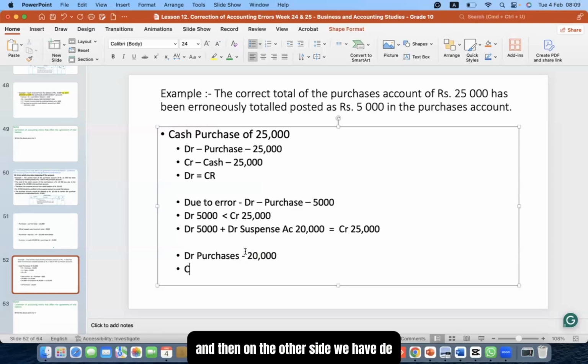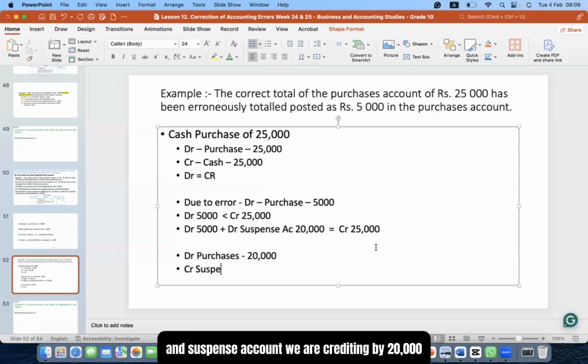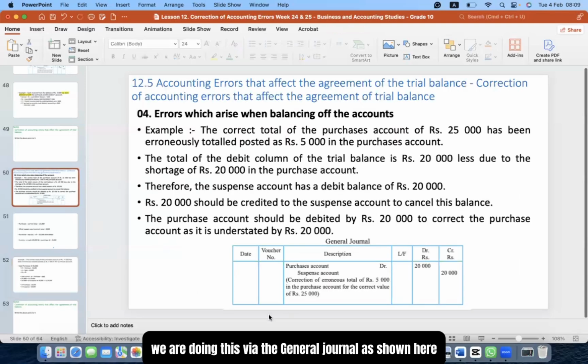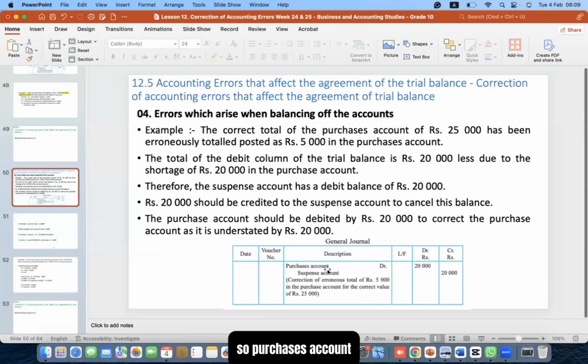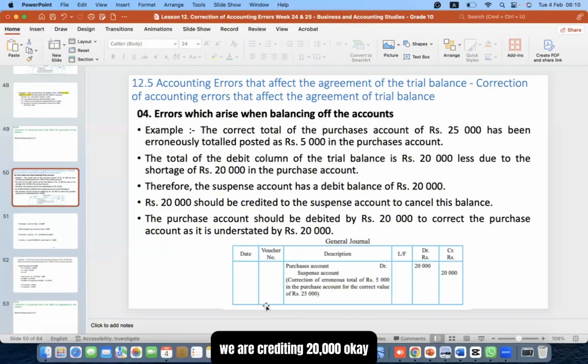And on the other side, we have a debit balance in the suspense account. That should be credited, so we credit the suspense account by 20,000. We are doing this via the general journal as shown here. So we debit the purchases account by 20,000 and credit the suspense account by 20,000.